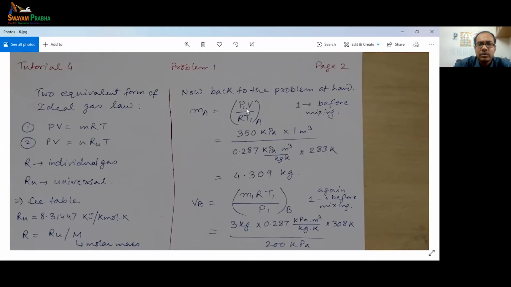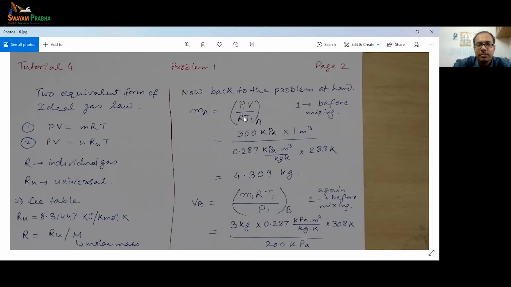Here we see that P1, T1 we have written. Why? Because this is state 1. Before we have allowed the mixing, in state 1 the individual tanks are separated. So that's why we want to know what is the mass of that unmixed air in tank 1.